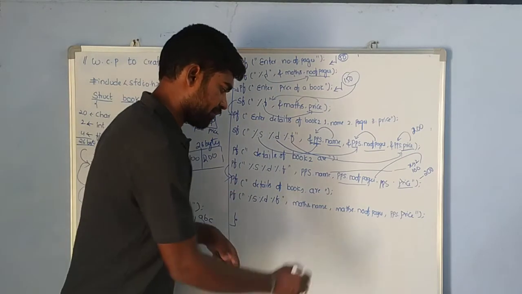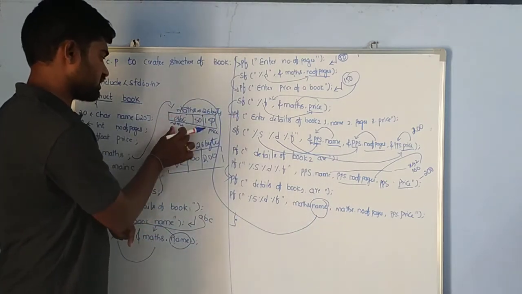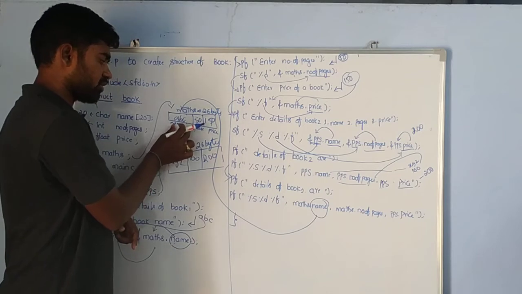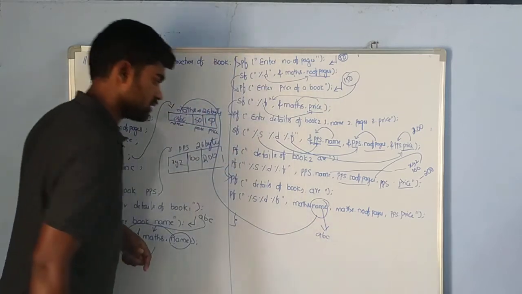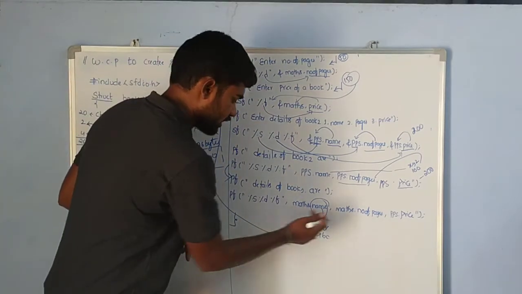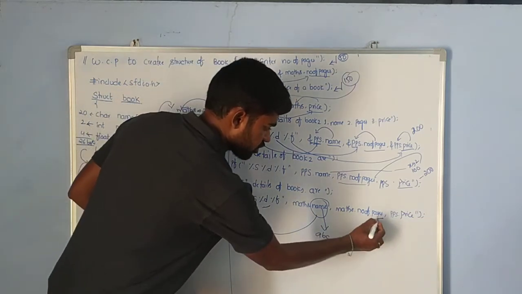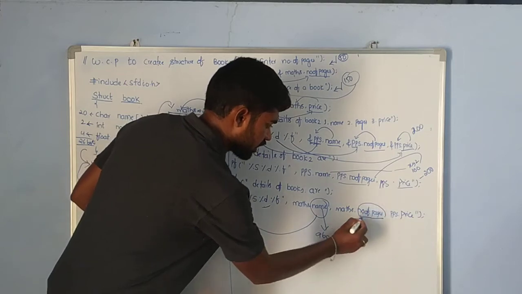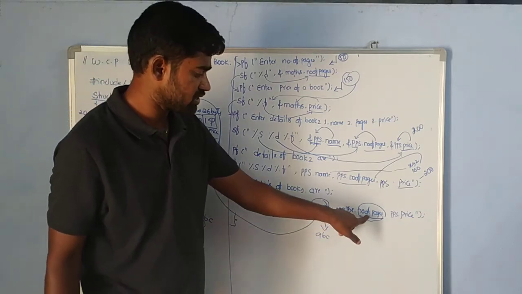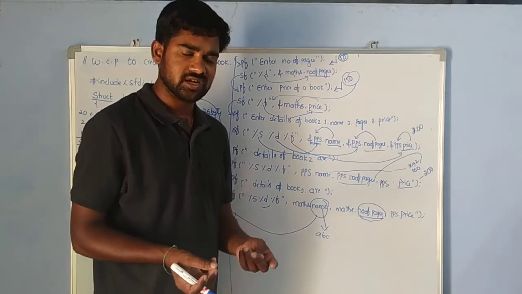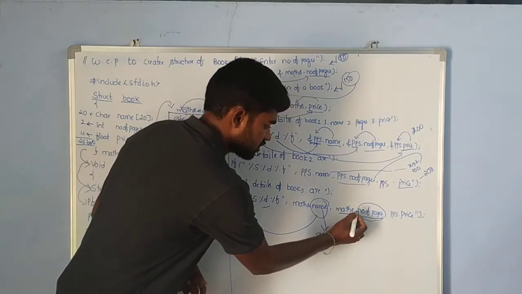Now, mass dot name. This name is going to be fetched from the variable called mass, from the location called name. What is the name in mass here? ABC. Now it is going to print A, B, and C. Next, %d is going to print number of pages, so mass dot number of pages.